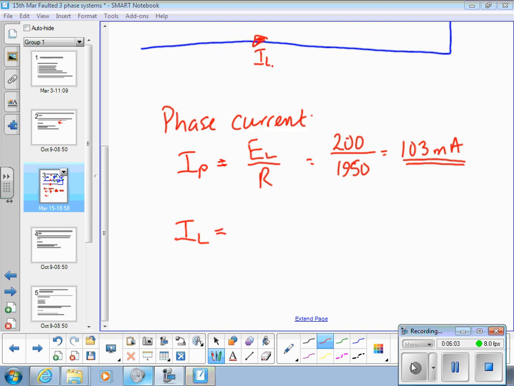Is the line current bigger or smaller than the phase current? Yes, because it gets current from two directions, so it must be √3 times IP.